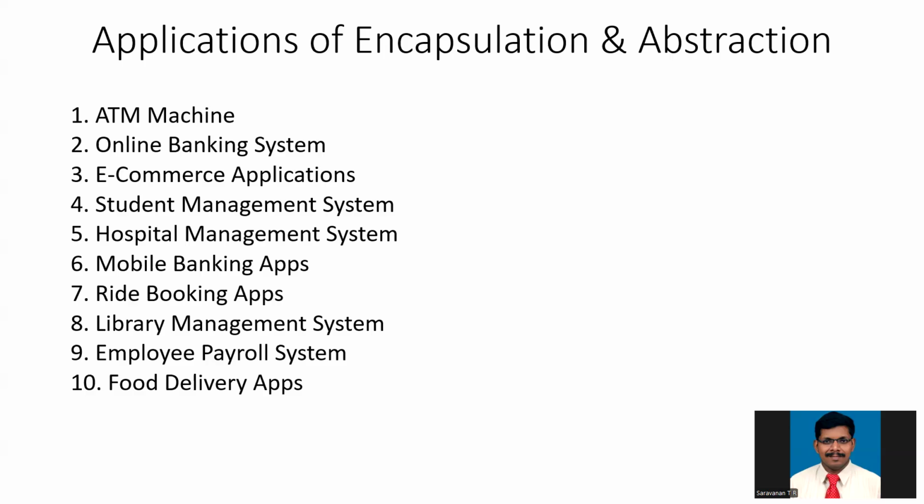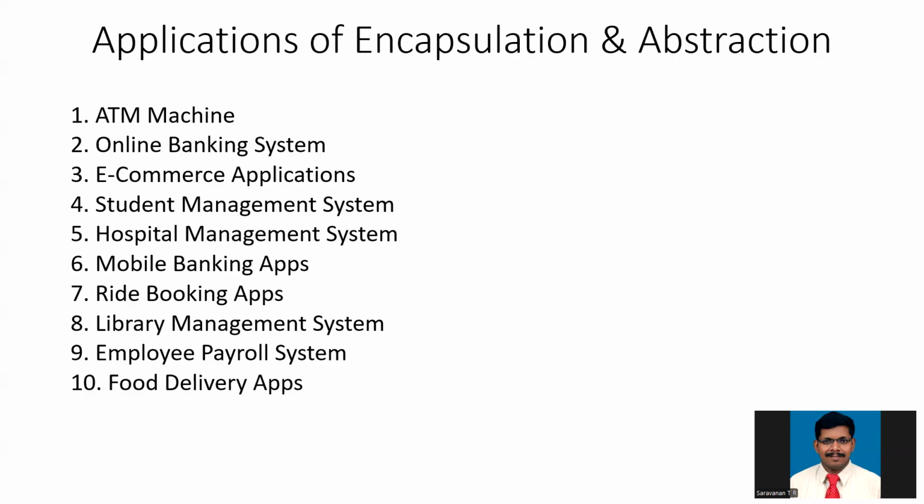Similarly, from the customer's point of view, the restaurant data will be secure. What food is available can be viewed alone. How much food is available and how much food quantity is served by the restaurant, that information will not be available to the customer.